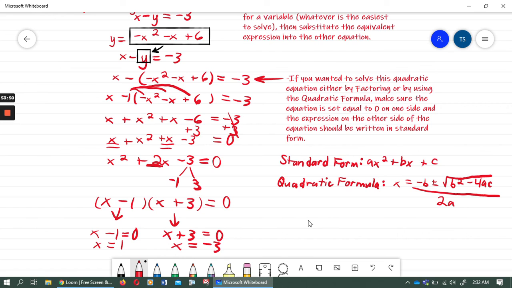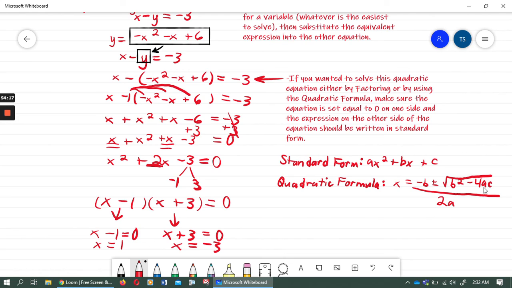Remember, guys, most of the time, if not all of the time, when we're solving quadratic equations, we'll have two solutions. The only time that you will not have two solutions, especially if you were doing the quadratic formula, is if the discriminant is 0.